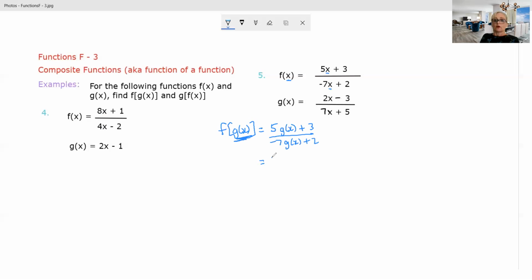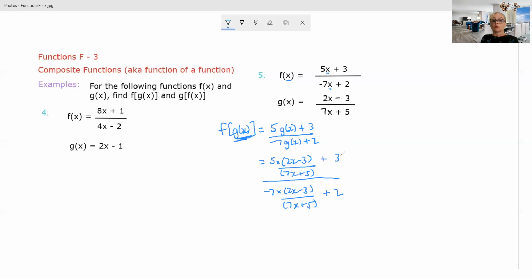Right, what have we got? So we've got 5 times 2x minus 3 over 7x plus 5 plus 3 over negative 7 times 2x minus 3 over 7x plus 5 plus 2. What are we going to do?